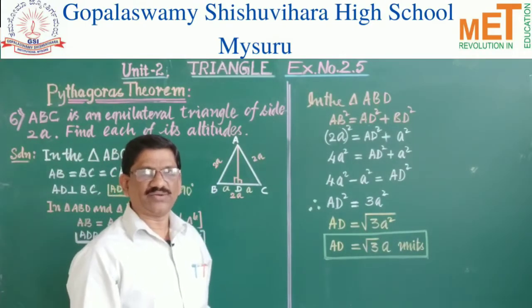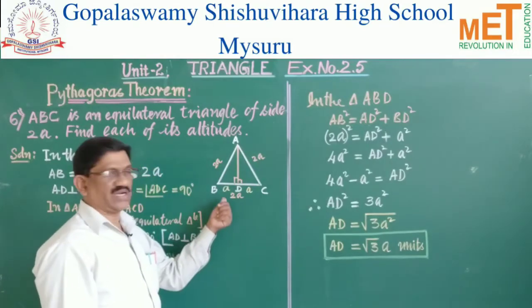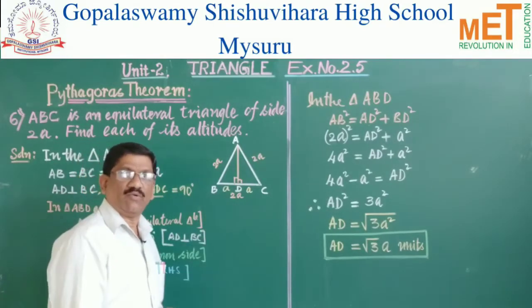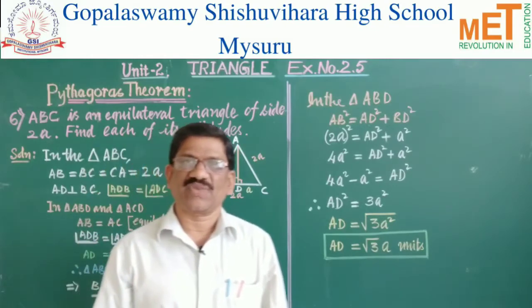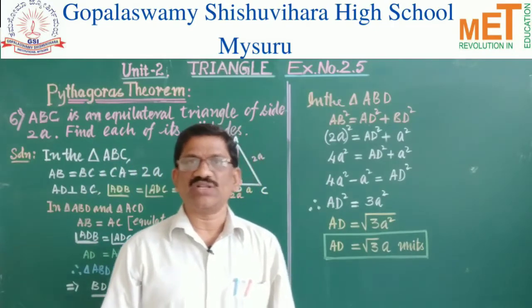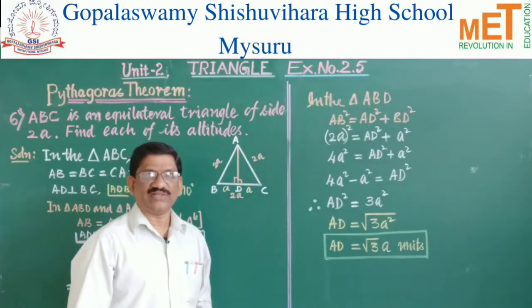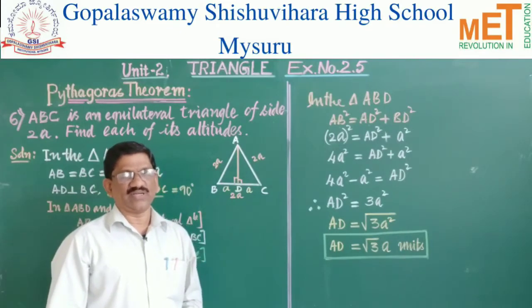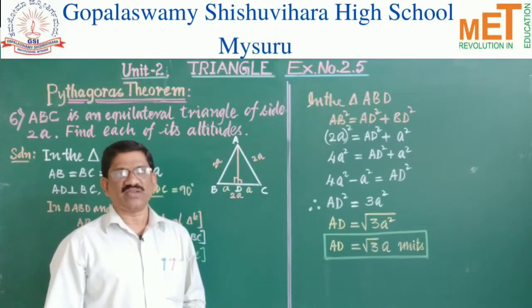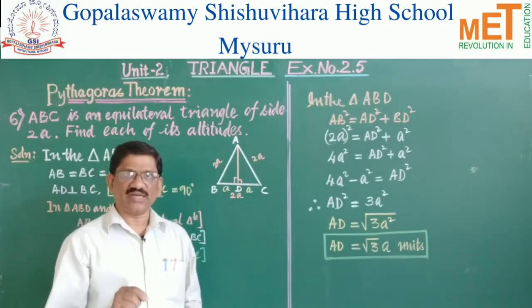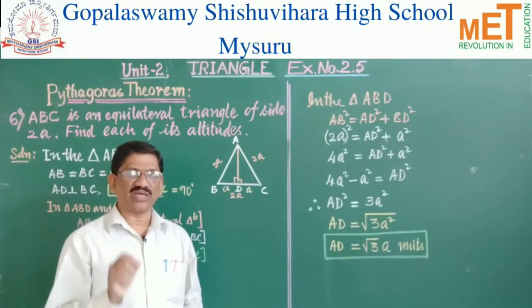So how many altitudes can be drawn to an equilateral triangle? First of all, what is an equilateral triangle? A triangle in which all the 3 sides are equal is called an equilateral triangle. One thing you have to remember, an equilateral triangle is also an equiangular triangle.